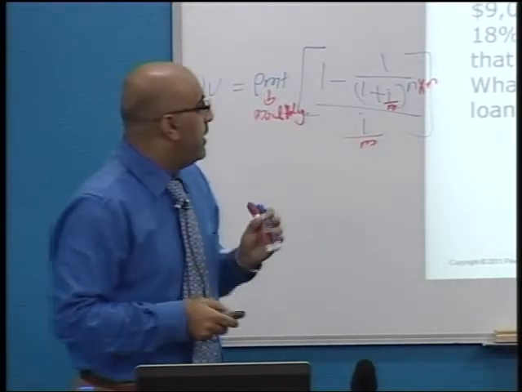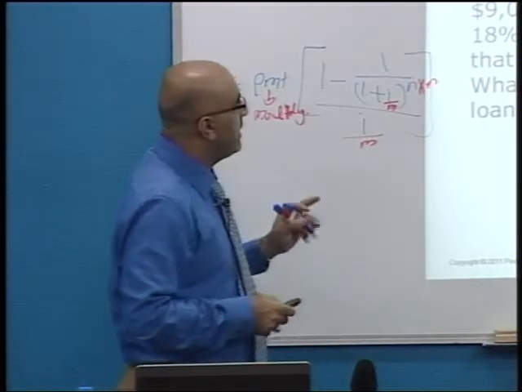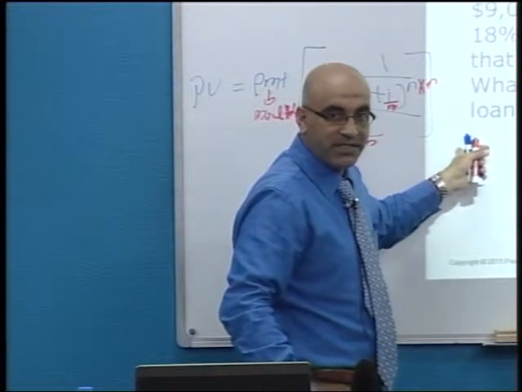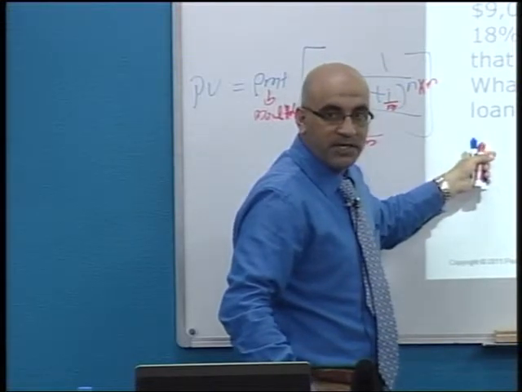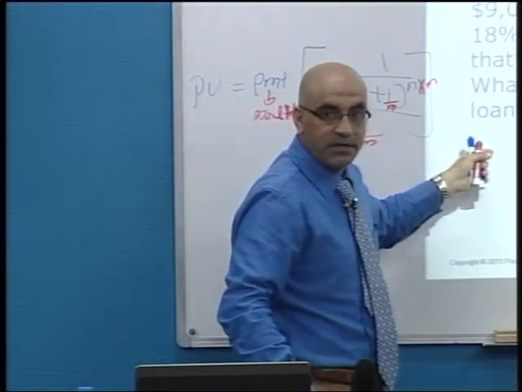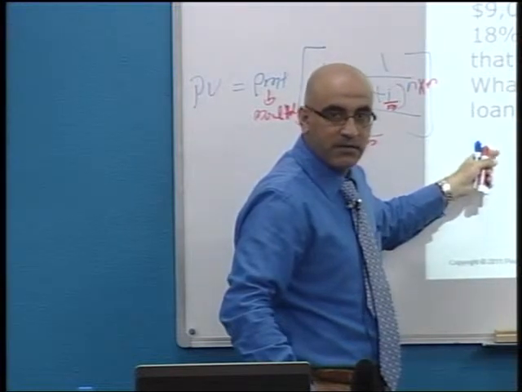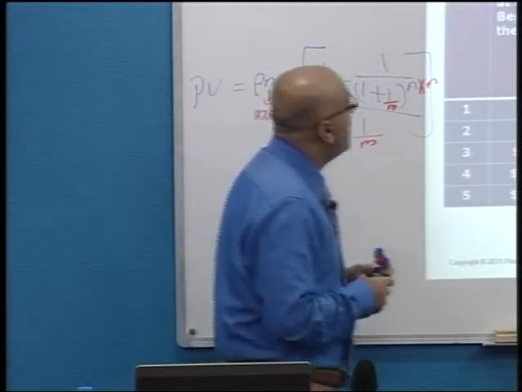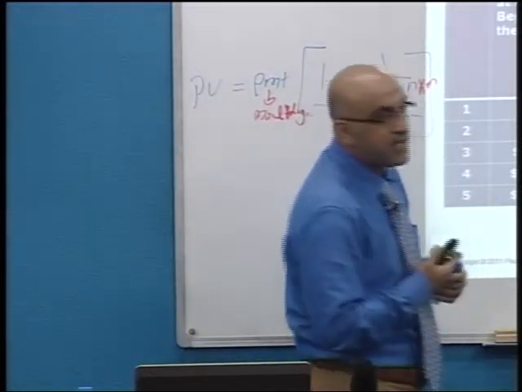Before calculating this, let's try to do this example by using Excel. I think we did this by using the calculator, but we will do this in Excel. Okay, that's fine. So let's talk about the loan amortization schedule.